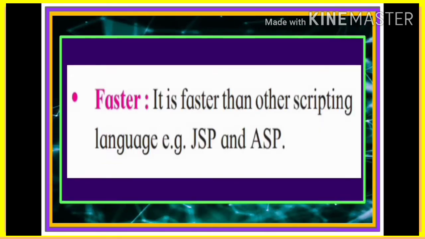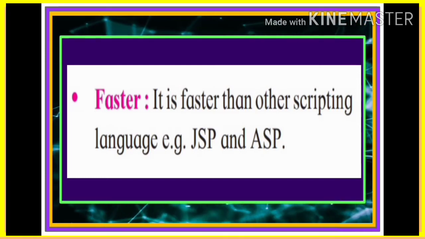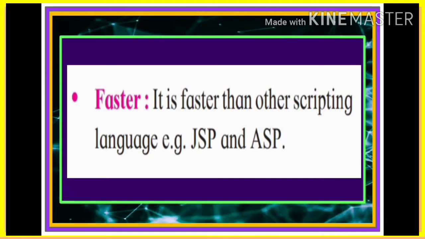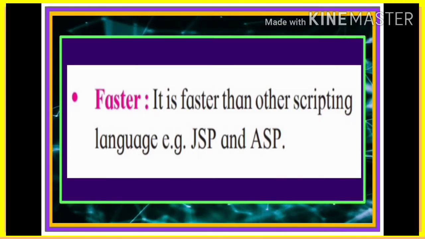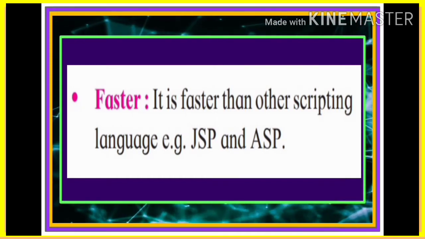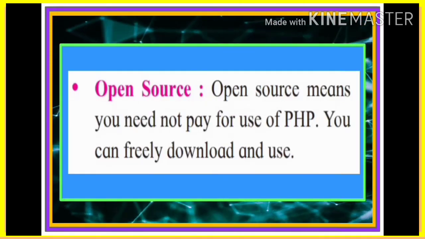Next feature is faster. It is faster than other scripting languages, for example JSP and ASP, Java server pages and active server pages. Open source. Open source means you need not pay for use of PHP.